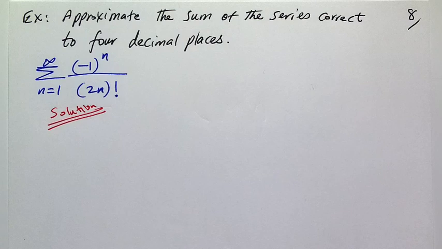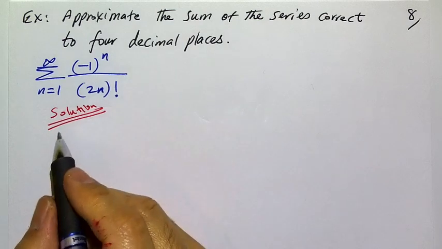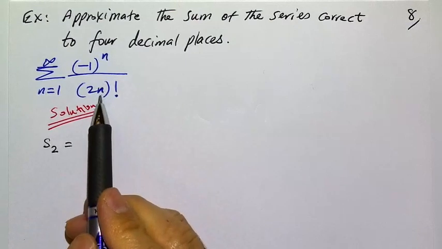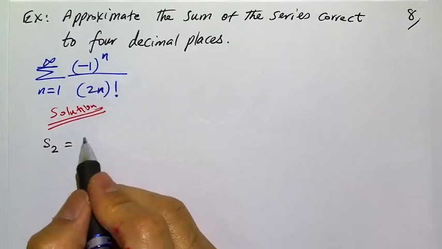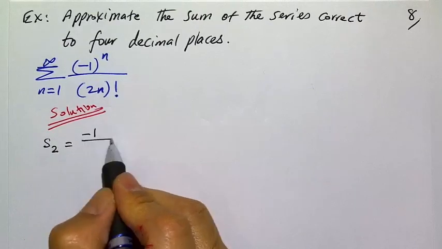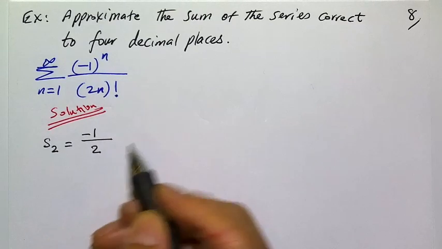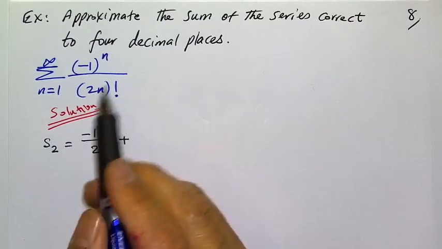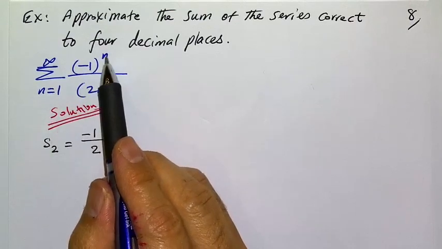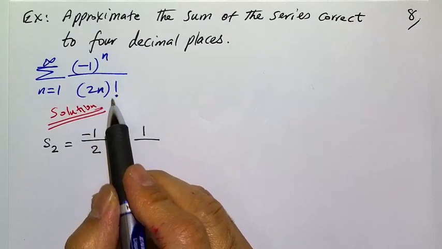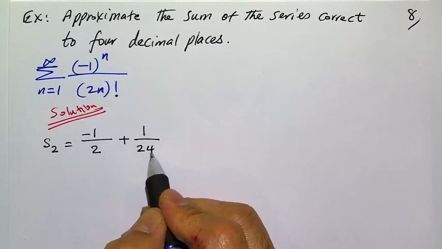Okay, so I'll begin with the sum of the first 2 terms, or S2. So when n equals 1, we will get minus 1 over 2 factorial, or 2. And then plus, when n equals 2, we get minus 1 squared, which is positive 1, over 4 factorial, which is 24.